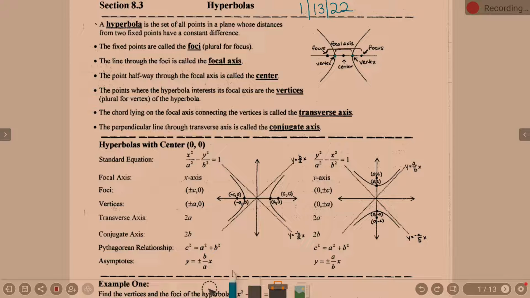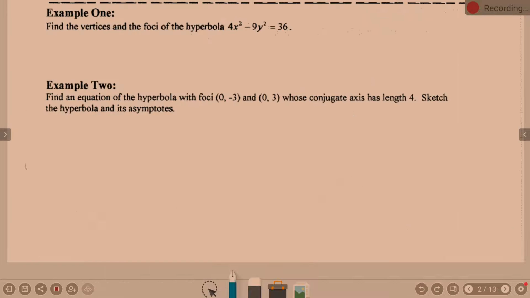Okay. Looks like some of you guys have started looking at example 1. Example 1. Find the vertices and the foci of the hyperbola 4x squared minus 9y squared equals 36.